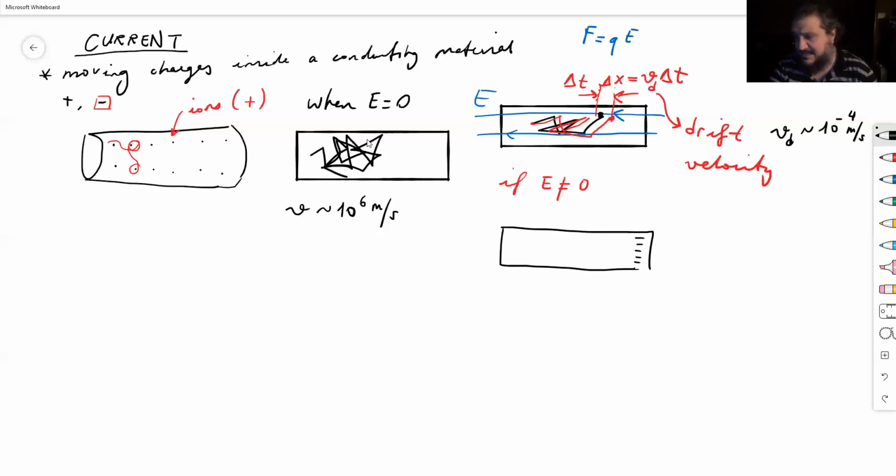So if the right-hand side is negatively charged, this leaves the other side positive. Sometimes in some materials the positive charges are the charge carriers. Not for a metal, but there are some examples where you may have positive charges too.